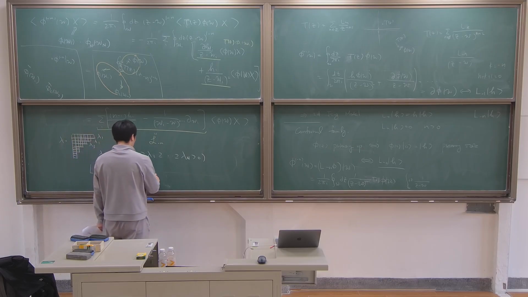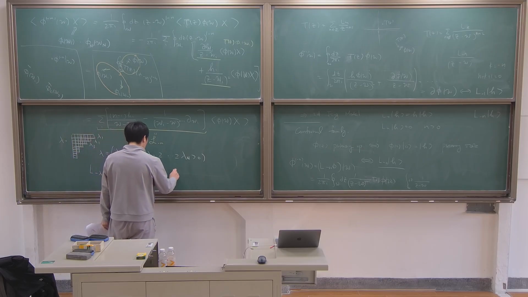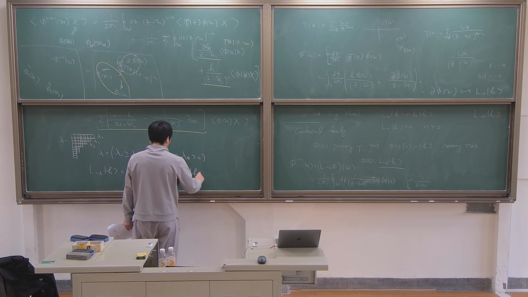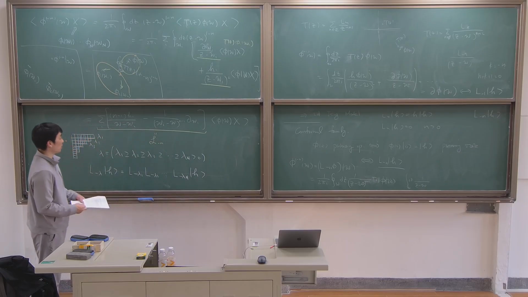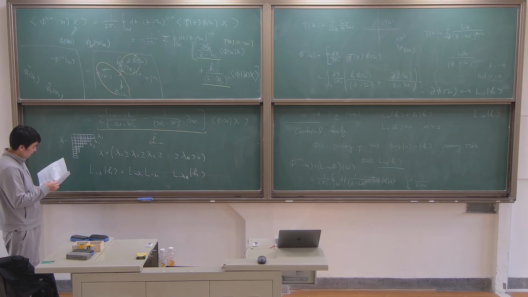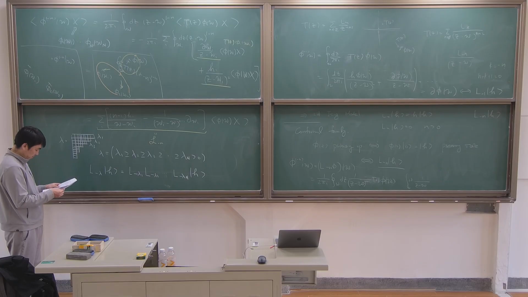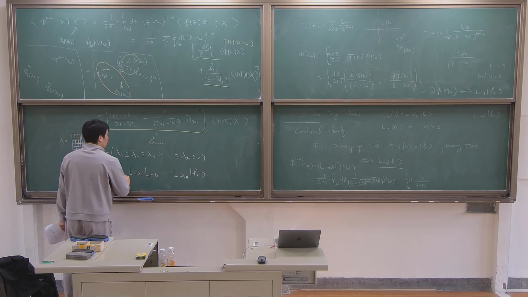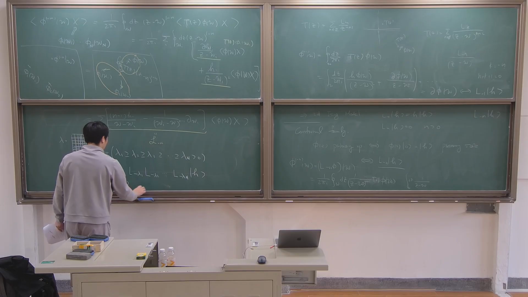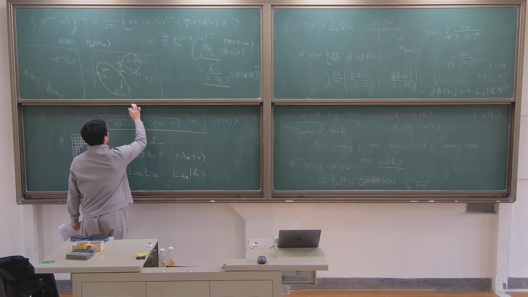Acting on H. Okay, so this kind of state you can consider, and the corresponding state can also be defined as usual. So you can define a corresponding state and then its correlation function. So the corresponding state we write this way.